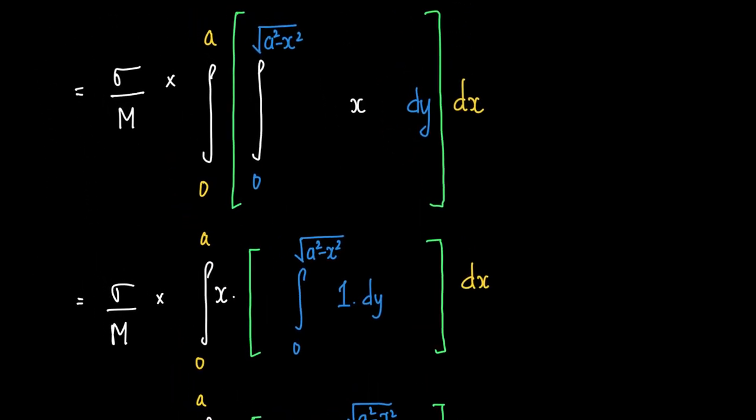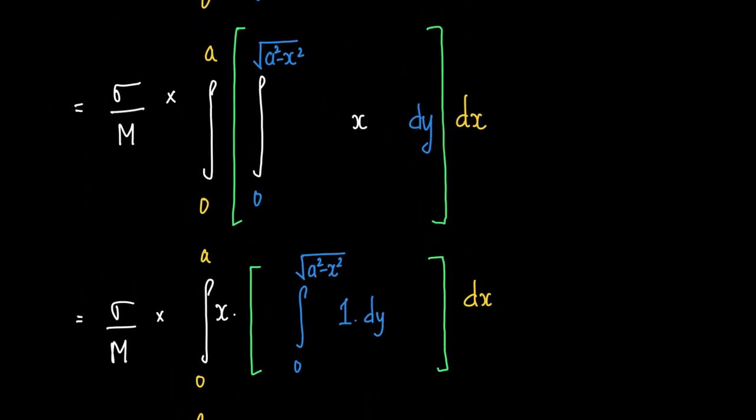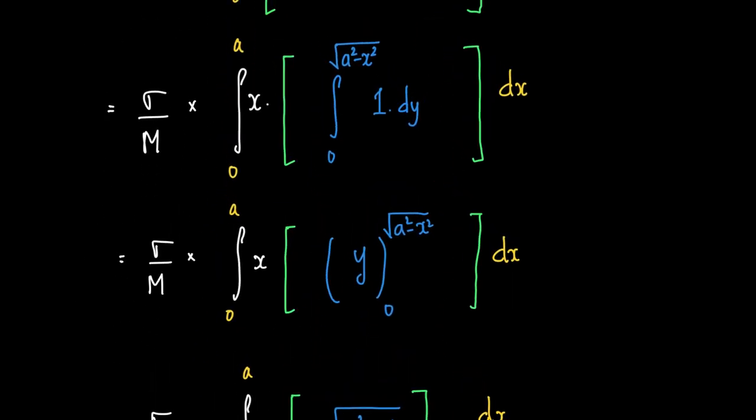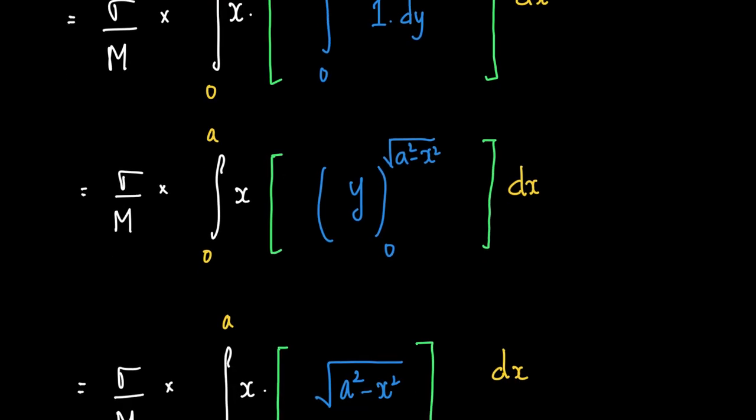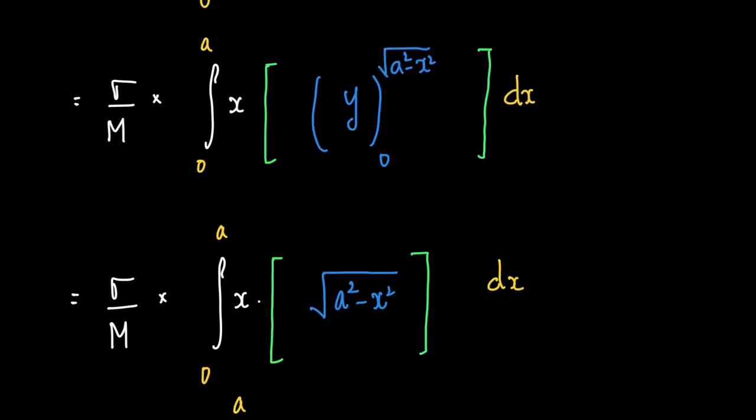Now when I choose dy as a variable, x is a constant, which will therefore go out of the integrand. Integral of 1 dy is equal to y, varying from 0 to root of a square minus x square. Applying the limits, this becomes root of a square minus x square minus 0, which is root of a square minus x square into x.